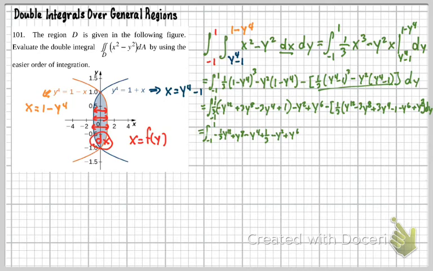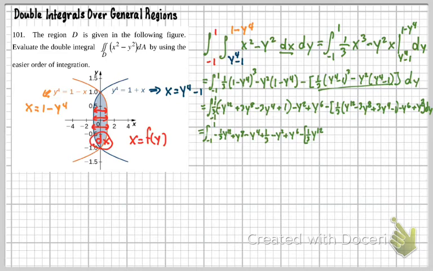And where did this stop? Oh, it stopped here. Missed a parenthesis. All right, so make sure you put that in if you missed it. Okay, so that's going to be minus 1/3 y to the 12th, and then for the next one, I'm going to keep this parenthesis. I'm going to worry about that in the end.